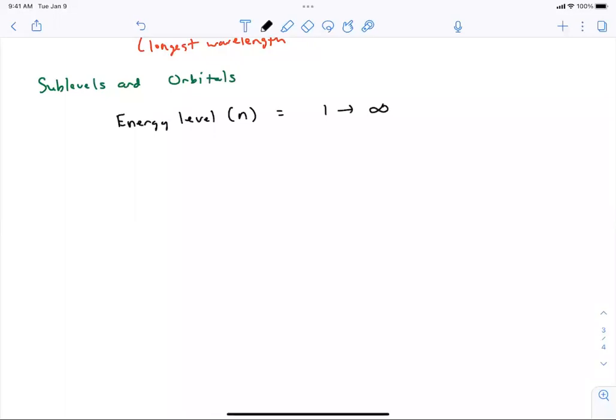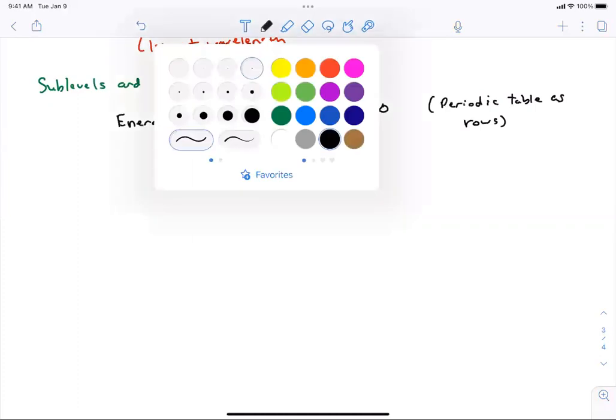And that is also exhibited on the periodic table as rows. So the 7 rows on the periodic table represent the 7 energy levels in which atoms exist. So 1, 2, 3, 4, 5, 6, 7.